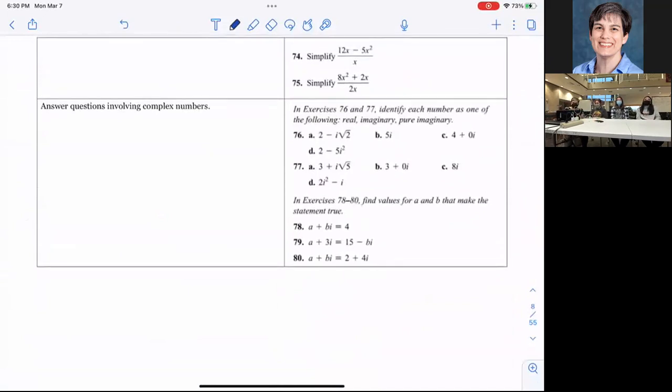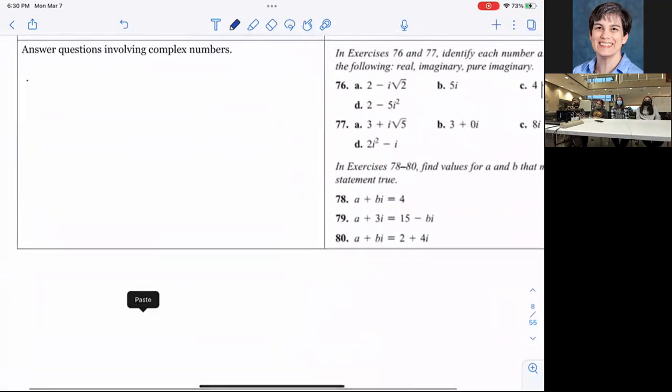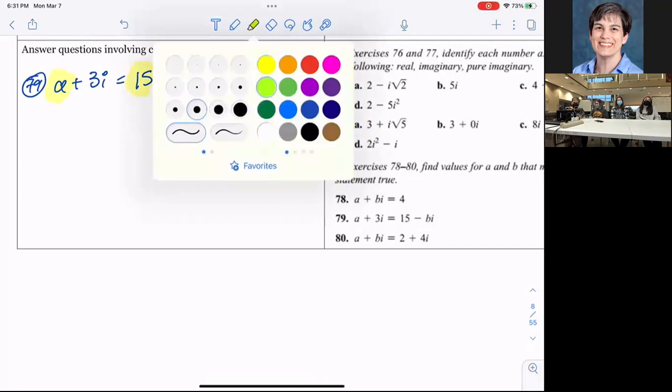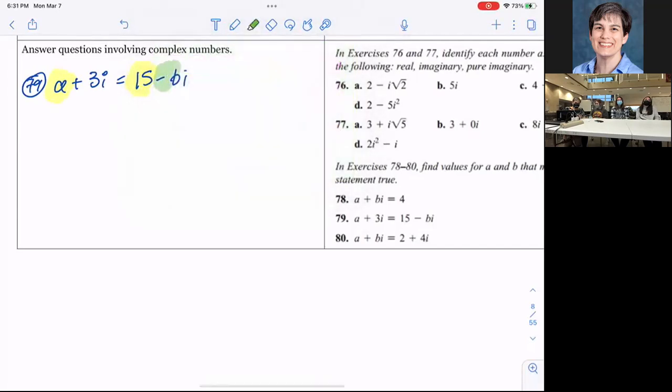All right, so I haven't figured out 78 quite yet, but on 79 and 80, there's actually a quick way to work through this. If you look at a plus 3i equals 15 minus bi, we're trying to figure out what values of a and b are going to make this true.